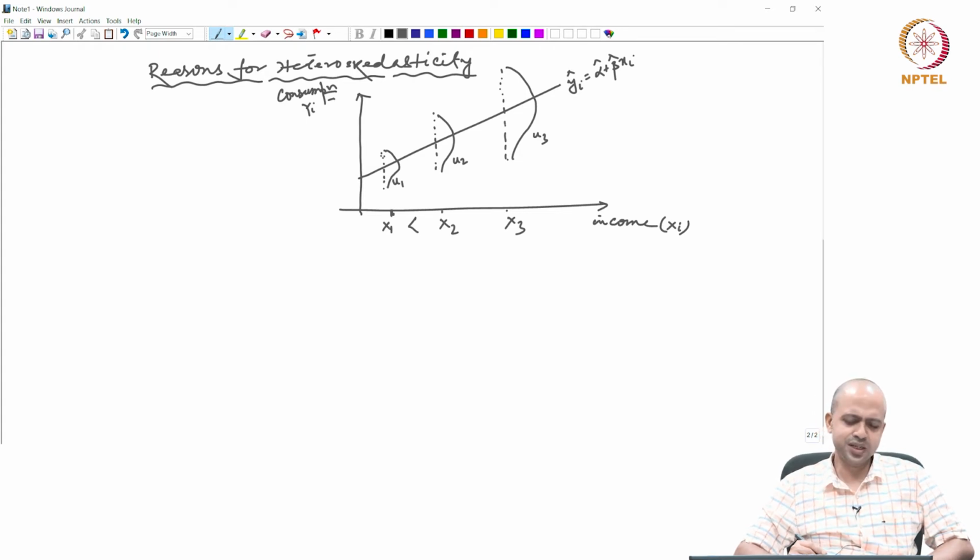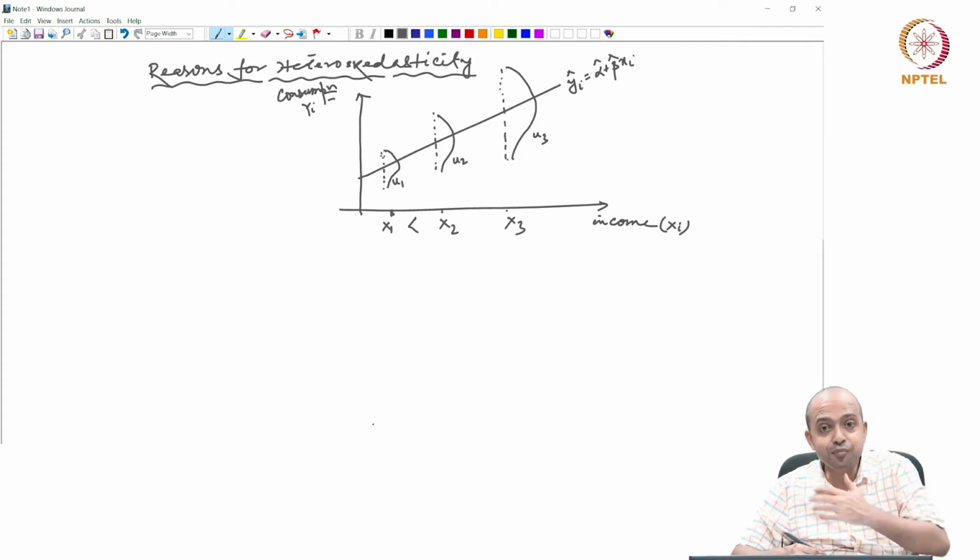For example, let us say this x1 is basically the income of a day laborer whose income is, let us say, some 300 or 400 rupees per day. And what will that day laborer do with the 300 or 400? The day laborer will probably buy some 1 kg of rice, some half a liter of oil, some 200 gram of dal, and so forth. So, with 400 rupees you can easily predict how the individual is going to spend.